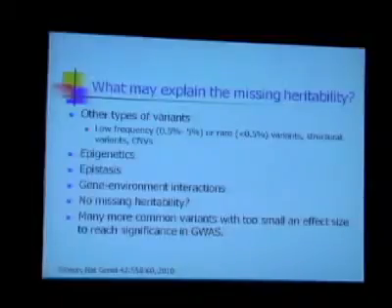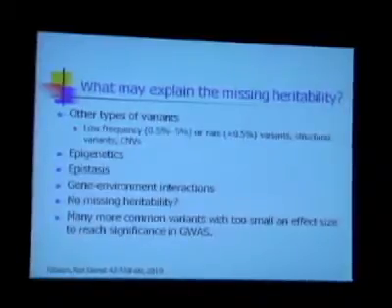And even some authors argue that there is no missing heritability because heritability refers to the additive genetic variants, what we call the narrow sense heritability. But most of the time when we calculate heritability for disease or quantitative traits, we do not specifically calculate the narrow sense heritability. So if we just look at the additive genetic variants, there might be no missing heritability.